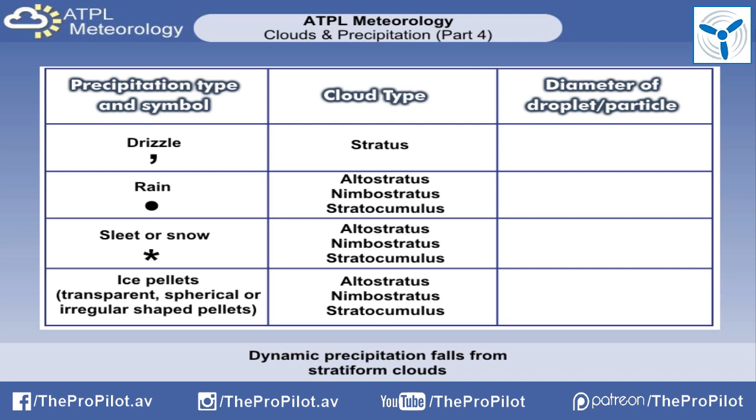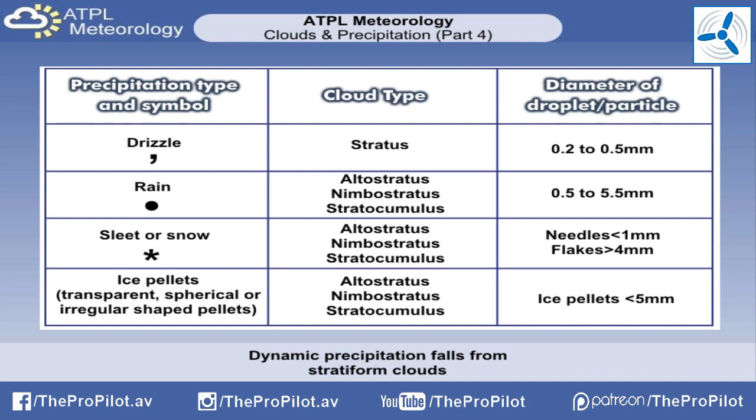Also on this table we see the diameter of the individual particles that make up the various types of precipitation. So, for example, drizzle droplets have a diameter of between 0.2 and 0.5 millimeters, rain 0.5 to 5.5 millimeters, individual snow needles and ice pellets have a diameter of less than 5 millimeters.